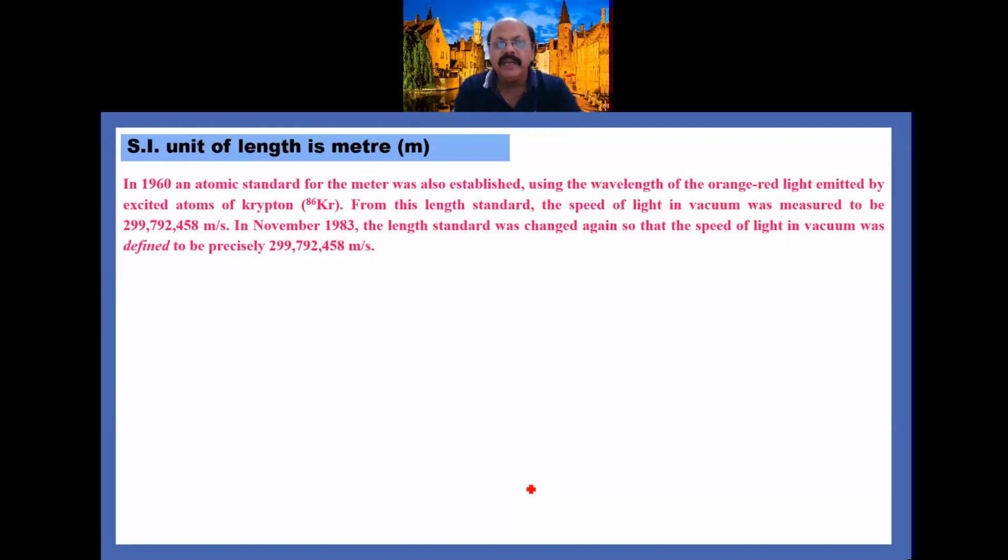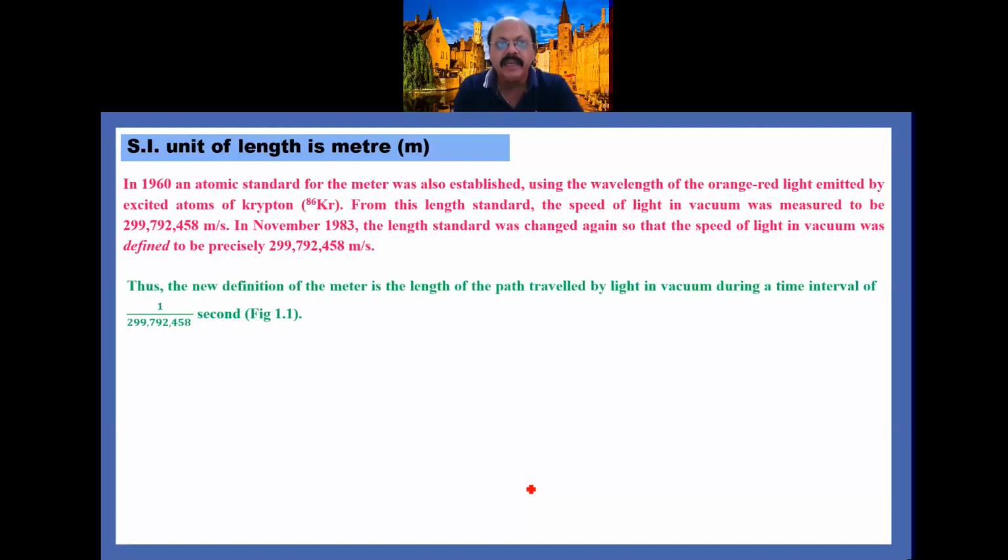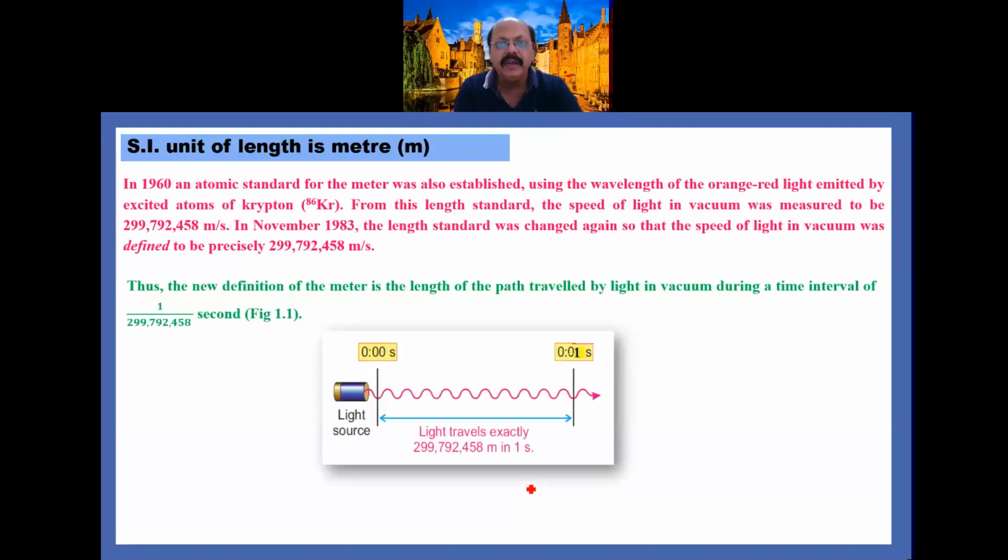The speed of light in vacuum was defined to be precisely 299,792,458 meter per second. Thus, the new definition of the meter is the length of the path traveled by light in vacuum during a time interval of 1 upon 299,792,458 second, and you can see that here in a figure.